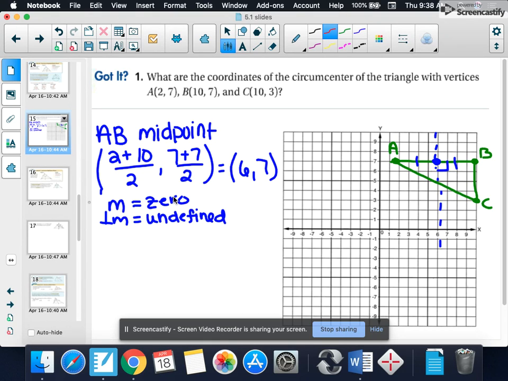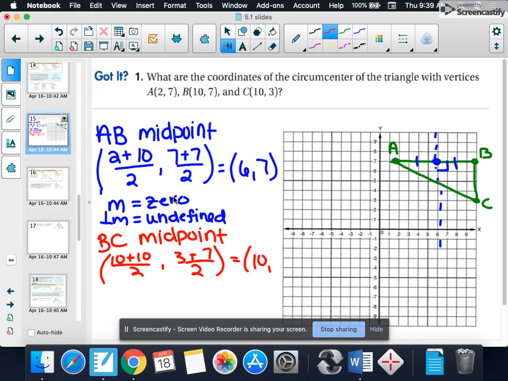Now the next easiest one to be perpendicular to is BC, so we do the same thing and find the midpoint of BC. We take 10 plus 10 divided by 2 and 3 plus 7 divided by 2, which gives us (10, 5) for the midpoint. The slope for this one is undefined, so the perpendicular slope would be 0.